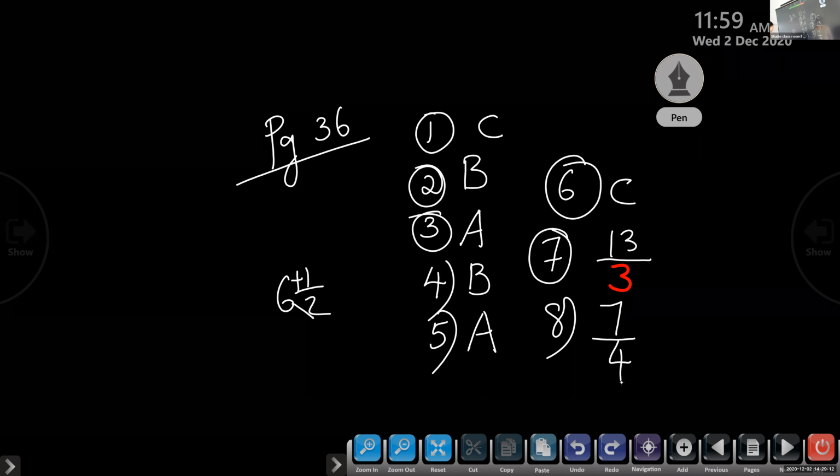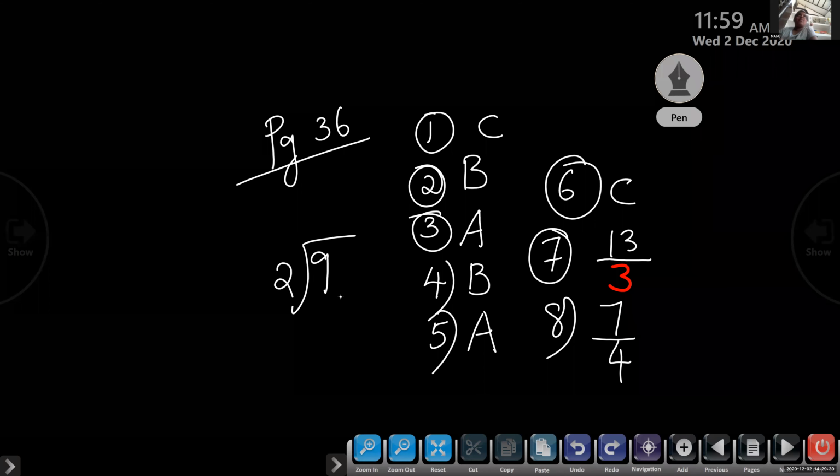Okay. Next one, Manu. Yes, ma'am. The mixed fraction form of 9 by 2. Okay. 9 by 2. 4 1 by 2. Yes. We will check. 4 2s are 8. Subtract, you will get 1.